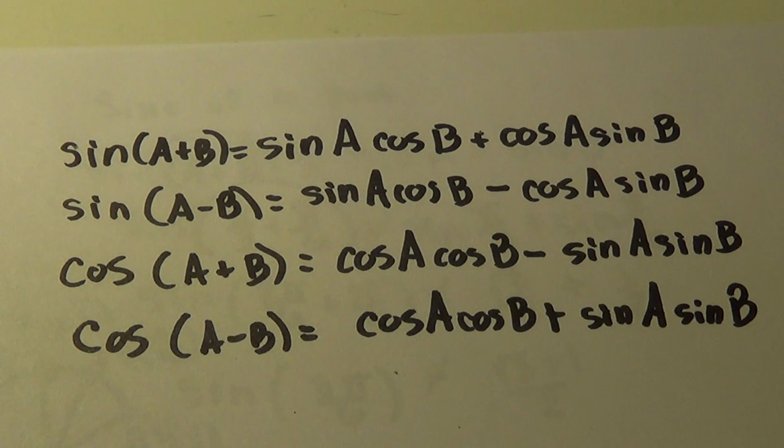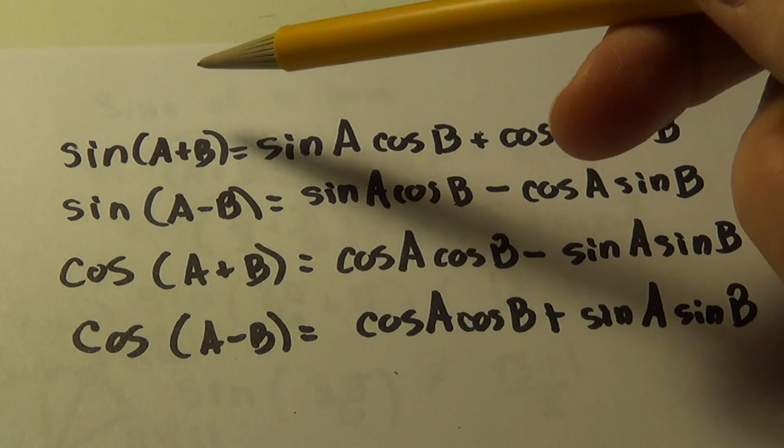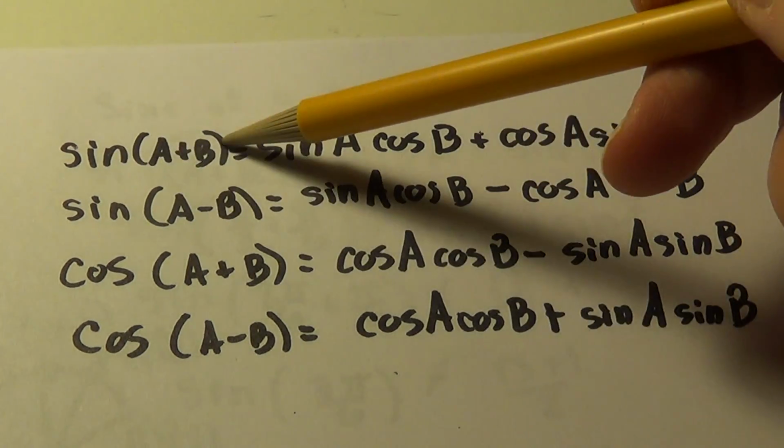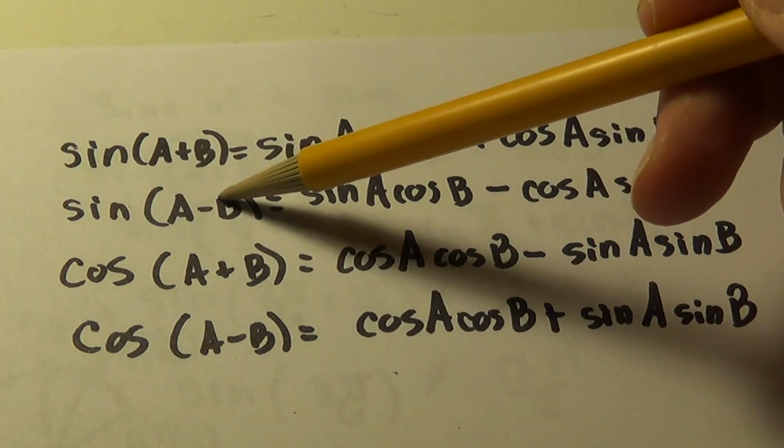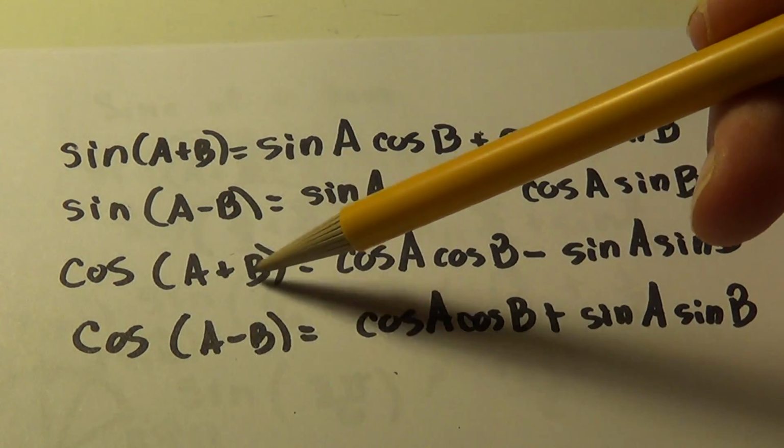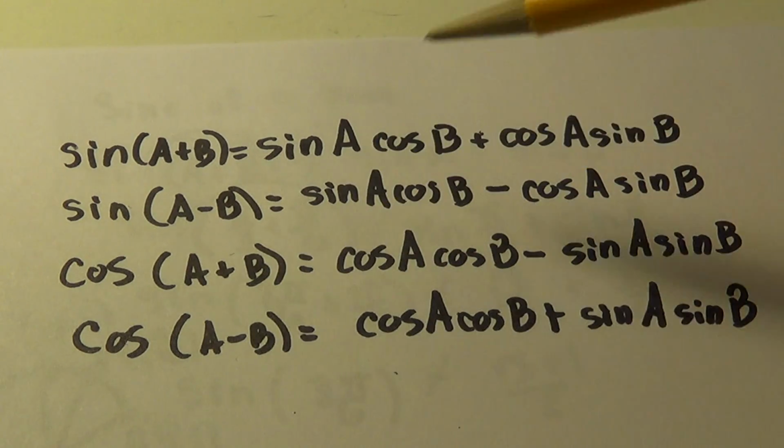Alright, so when it comes time for us to memorize that, we are going to notice some patterns. For one thing, remember I did the sine of a sum, then the sine of a difference, then cosine of a sum and cosine of a difference.